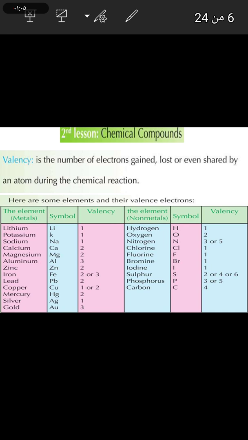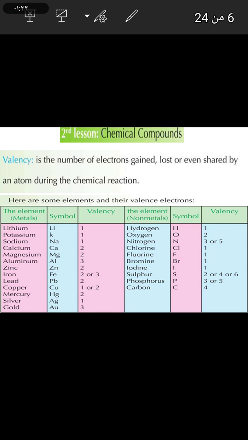So the number of electrons which is gained or lost or shared in the covalent bond by an atom during the chemical reaction is called valency. So what is the meaning of valency? Excellent. It's the number of electrons gained or lost or even shared during the chemical reaction.